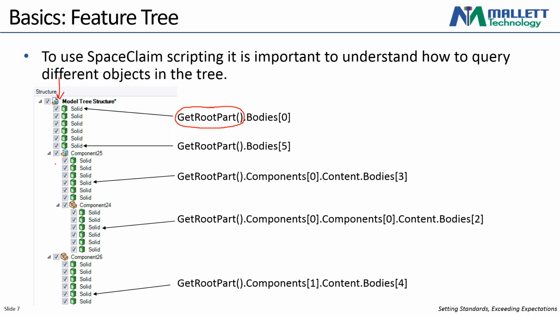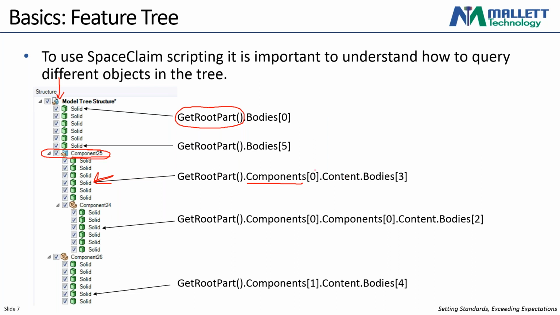If you want to go deeper into assemblies or sub-assemblies, then the code changes a little bit. If I have a top level assembly and I want to grab a part in this assembly, instead of just get root part dot body, it's going to be get root part dot components. Components is how they define assembly, hence why it's called a component in the structure tree.